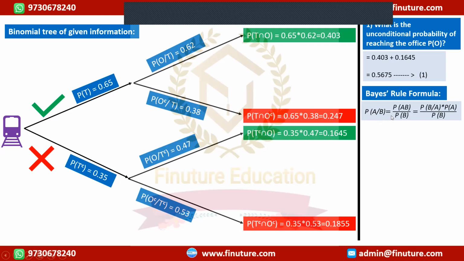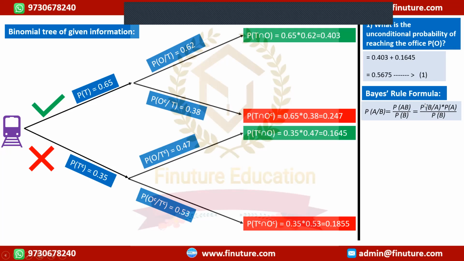So that would be equal to the joint probability of AB over probability of B. Another way to write this formula is the inverse: probability of B given A times probability of A over probability of B.